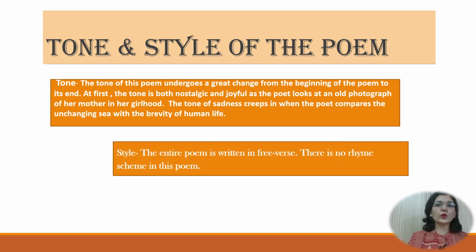The entire poem is written in free verse, and simplicity, clarity, and preciseness are the hallmarks of all the three stanzas of this poem. There is no rhyme scheme in this poem.